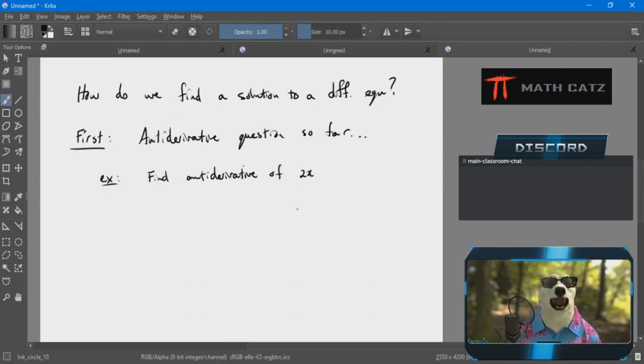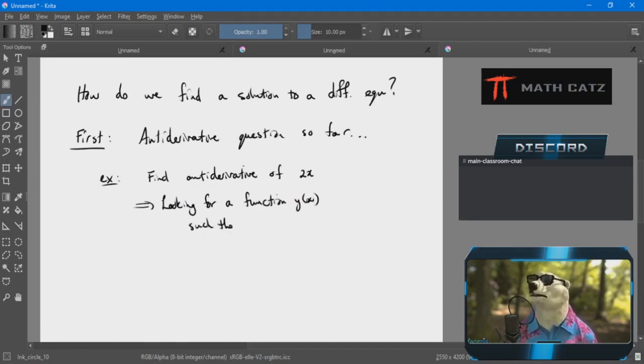What does that mean? That means I'm looking for a function, let's call it y of x, such that its derivative is 2x. Right? The antiderivative question was the reverse question than the derivative question.